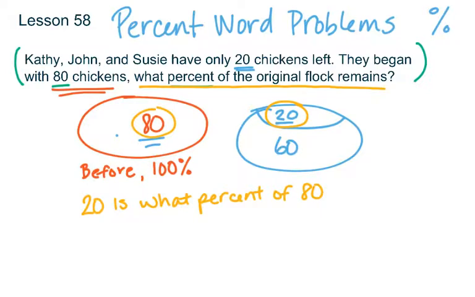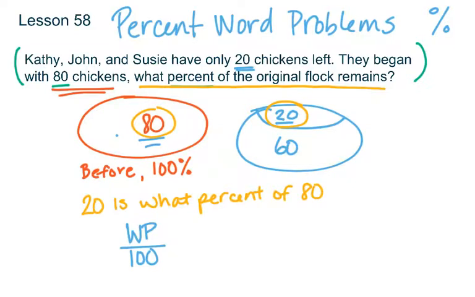So we can write an equation to solve that. And here is our percent equation. What percent, using W over 100, because it's a percent, we're putting it over 100, because that's the percent part.